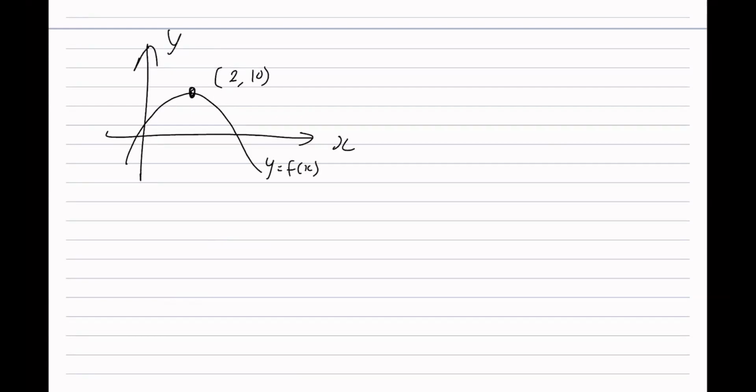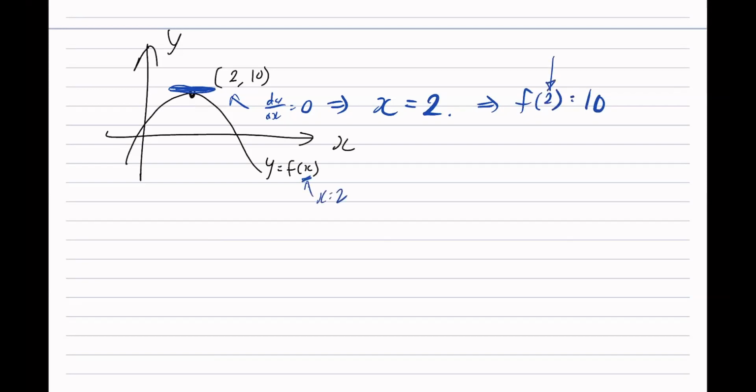You manage to realize that dy by dx equals 0, you solve and then you get x equals 2. Then you sub in, you realize that f of 2 equals 10. Okay, f of x, replace the x equal to 2. I hope you are familiar with the function notation, which implies that (2, 10) is SP.